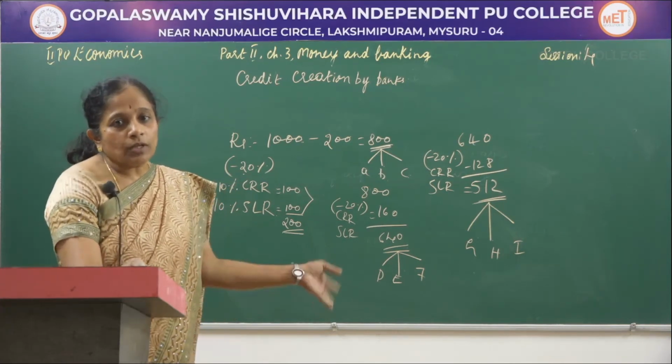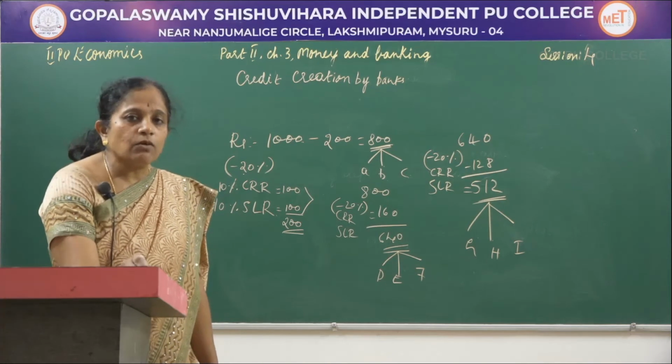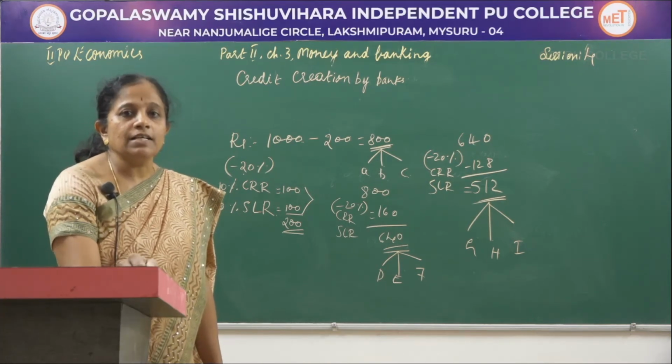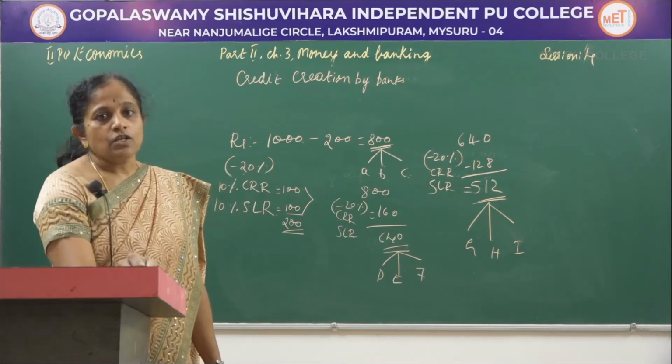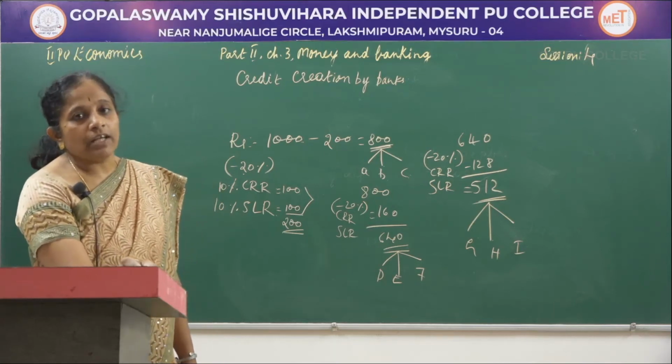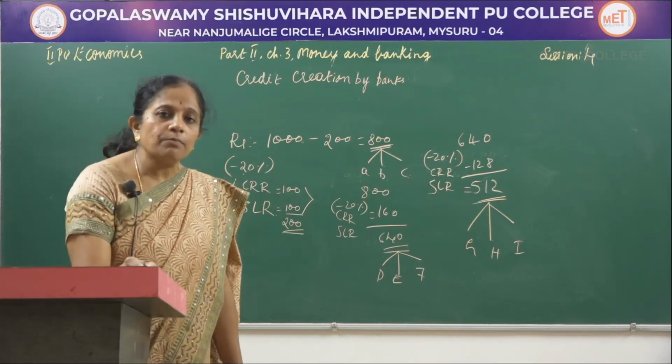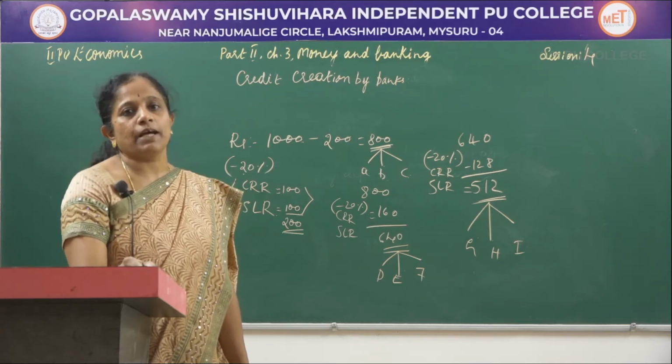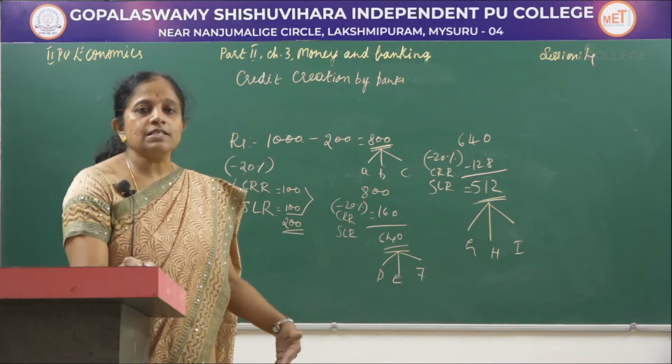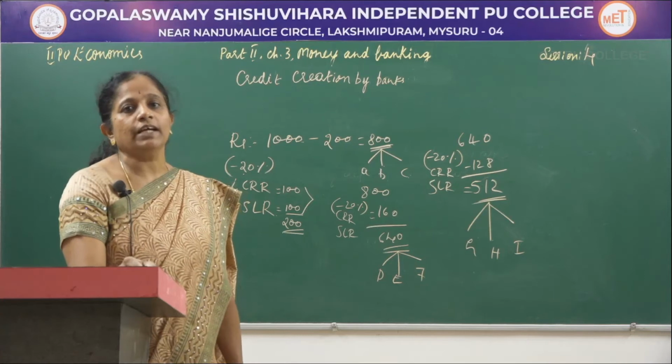Public go to the bank and they avail these loan facilities and buy the necessary goods and services. So, if the loan is given in excess, the demand for the product increases as well as the price hikes. So, this is a harmful situation for the economy.